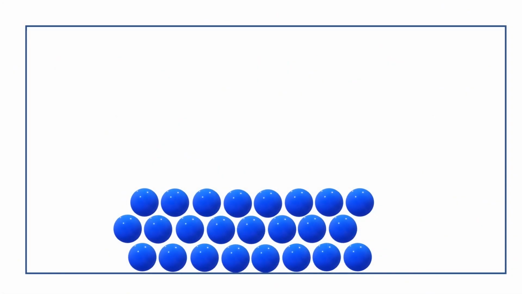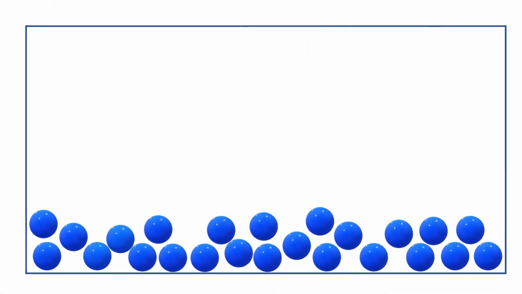Let's start with a visualization of solids, liquids, and gases. First, solids have particles in closed, fixed positions. And when solids melt into liquids, these particles have more positions available to be in. Notice, in the liquid phase, these particles are more spread out, but still close to each other.